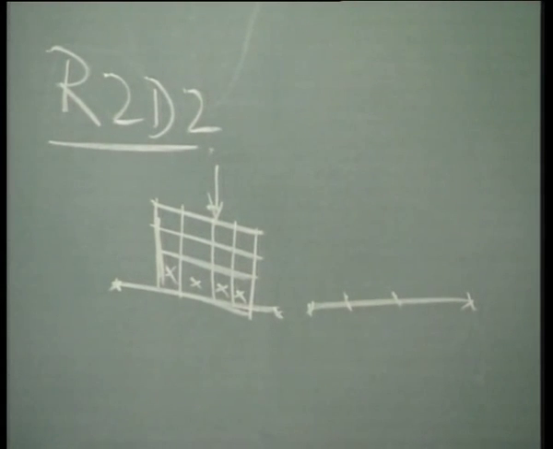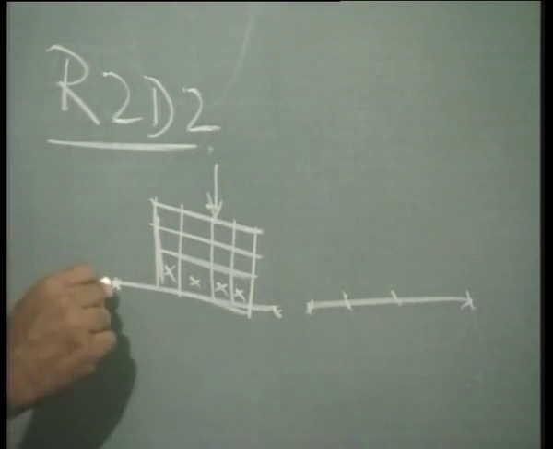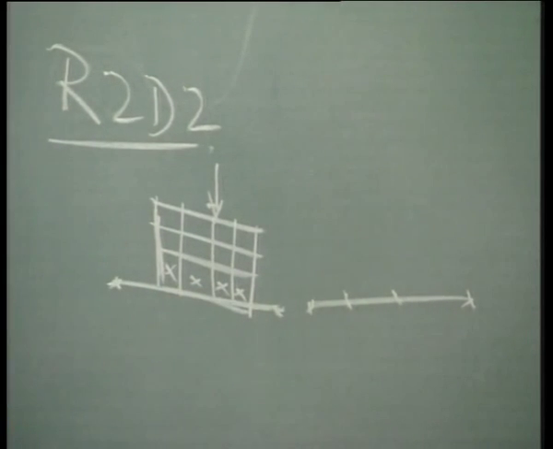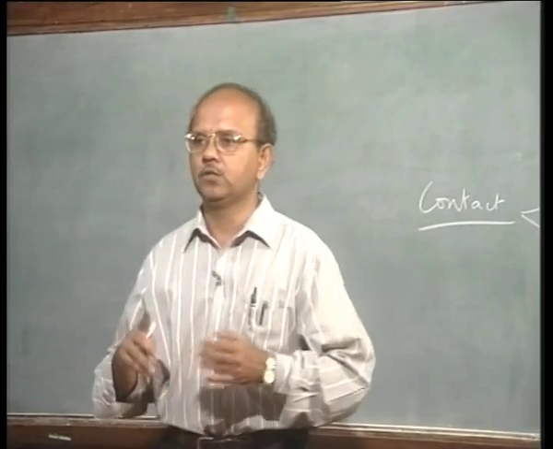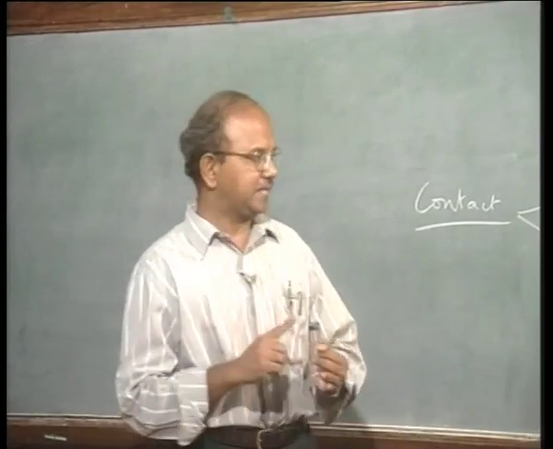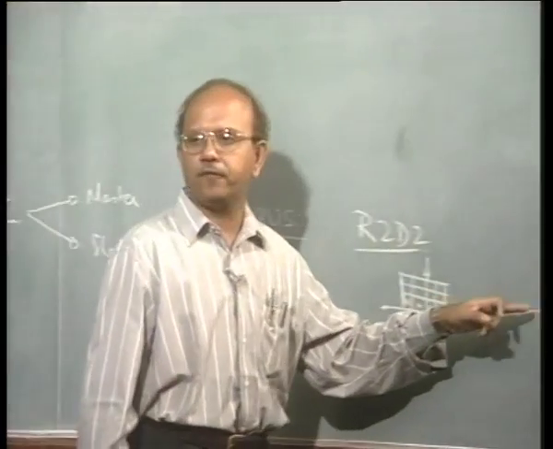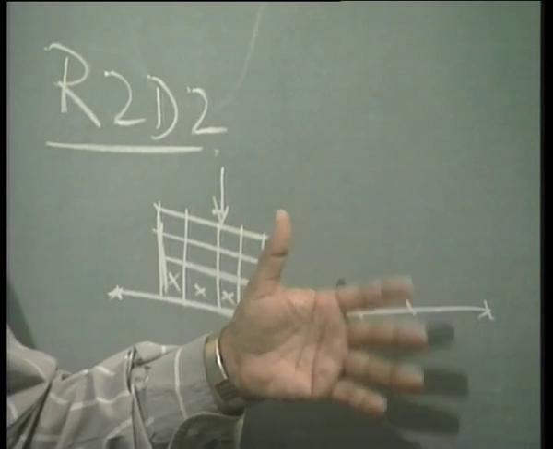So, number one, you define a master surface with respect to some elements, or in fact you can have a master surface defined analytically also. So, that is one thing. Then you define a slave surface and then define the friction conditions between them and combine them together.